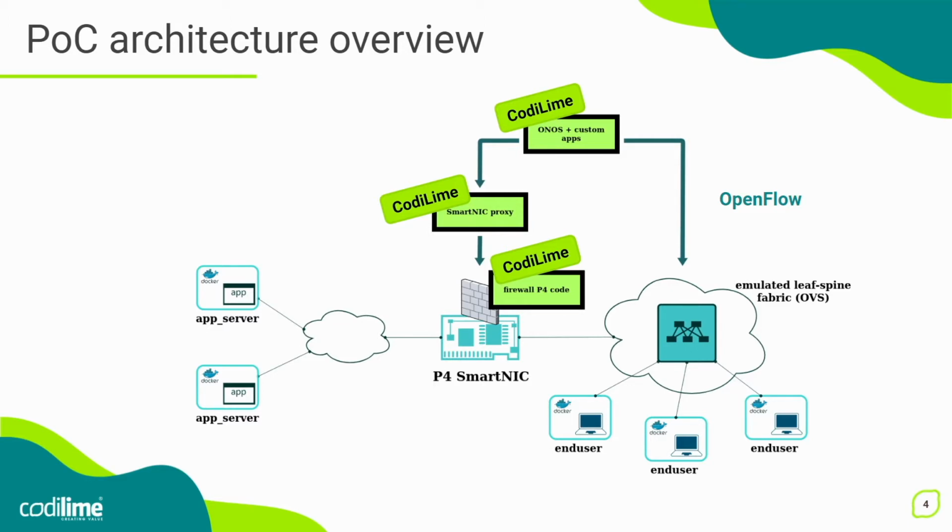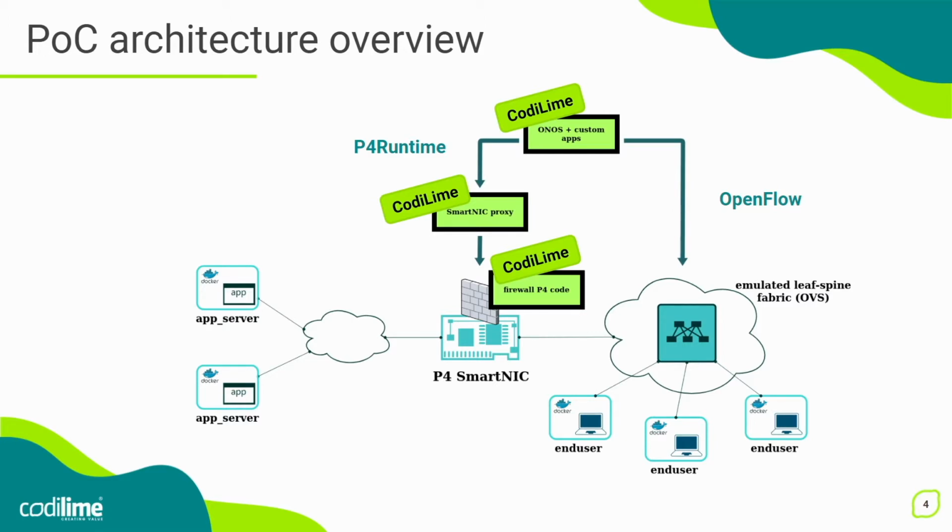On the other hand, controlling the SmartNIC with ONOS is a bit more complicated. Normally, ONOS controls P4 targets using the P4 runtime protocol, as we know. Theoretically, the version of the Netronome Agilio SmartNIC SDK that we used also declares support for the P4 runtime, but it is not actually fully supported. We'll talk about it later.